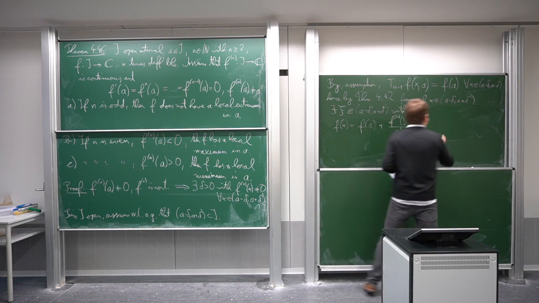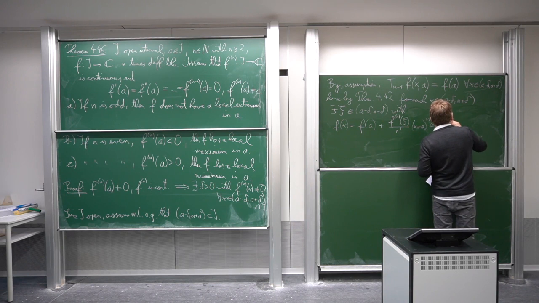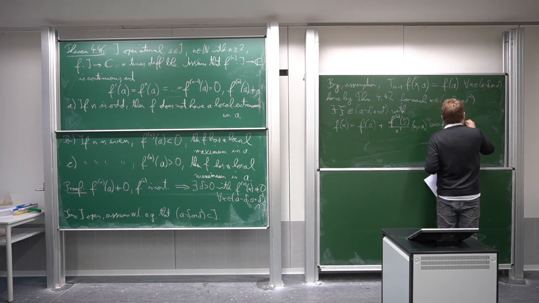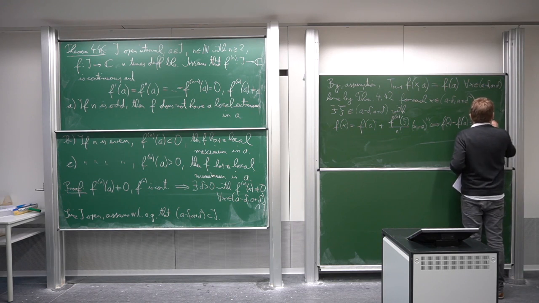And this I reformulate just by bringing f of A to the other side: f of x minus f of A is equal to f^(n) of xi divided by n factorial times (x minus A)^n.